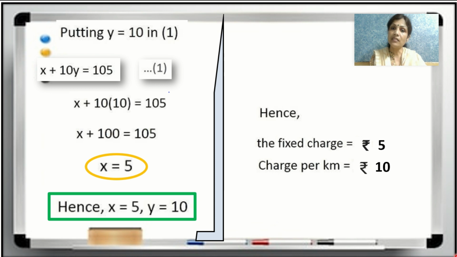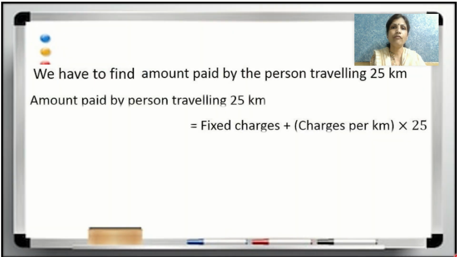But the sum doesn't end here, because what we have to find out is the amount paid by the person for traveling 25 kilometer. So how will we calculate that? The amount paid will be equal to the fixed charge plus charge per kilometer into 25.